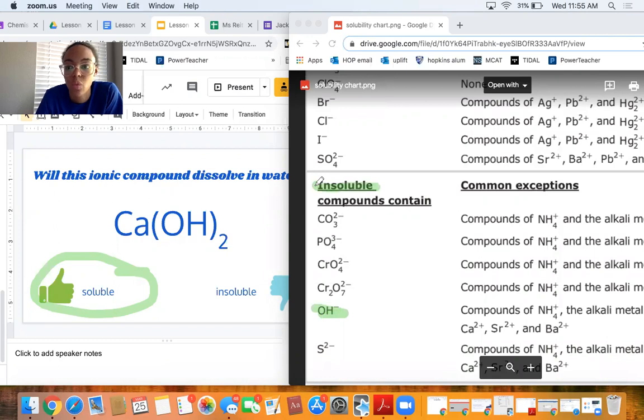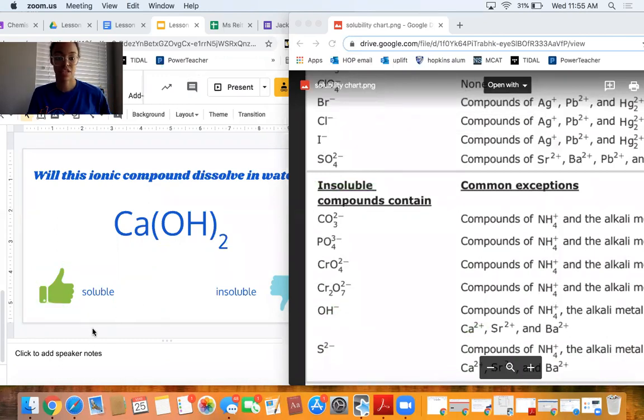Normally it will not dissolve in water. However, if you look at the exceptions, one of the common exceptions is Ca. So Ca is an exception to it being insoluble, which makes it soluble. Ta-da! That is how you use this chart.